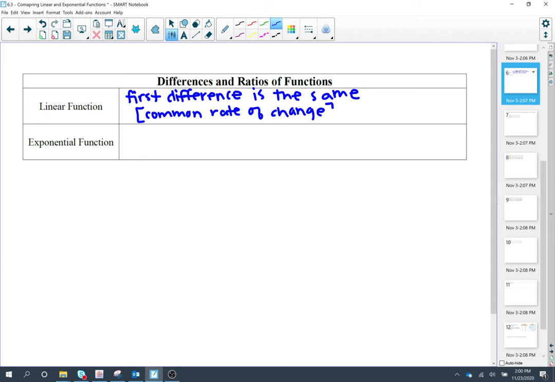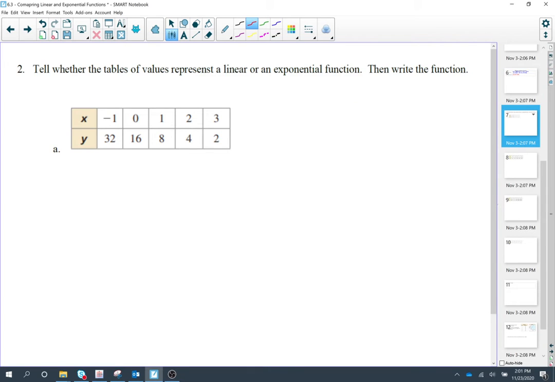And actually, I don't like common, so get rid of that. What I really wanted to say was constant. Now if you're looking at an exponential function, they're going to have a common ratio. So let's look at what that looks like.